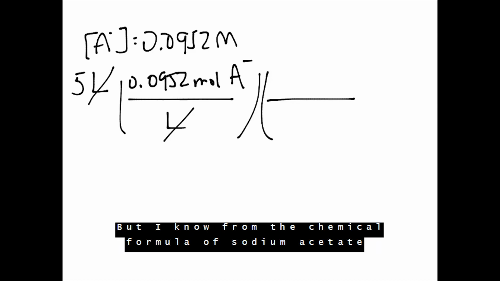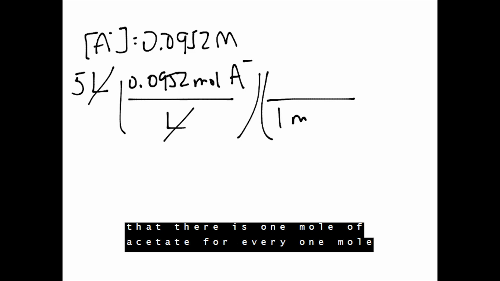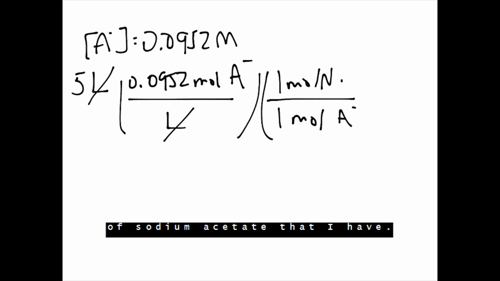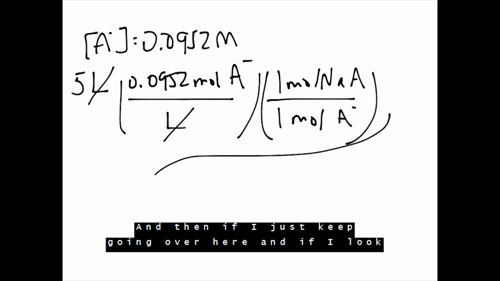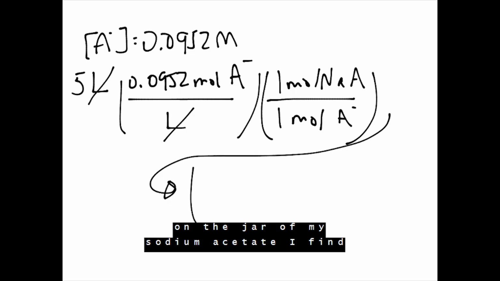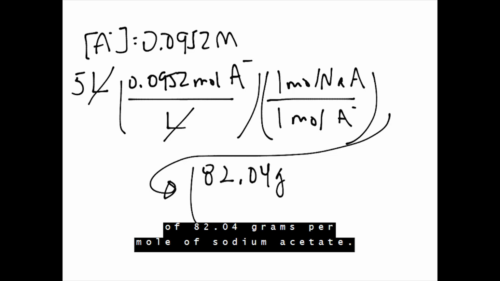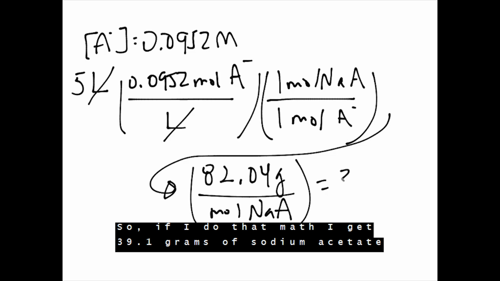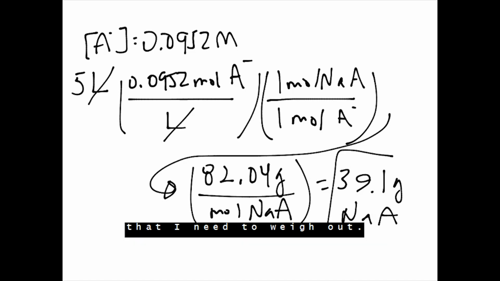But I know from the chemical formula of sodium acetate that there is 1 mole of acetate for every 1 mole of sodium acetate that I have. And if I look on the jar of my sodium acetate, I find out that it has a molar mass of 82.04 grams per mole of sodium acetate. So if I do that math, I get 39.1 grams of sodium acetate that I need to weigh out.